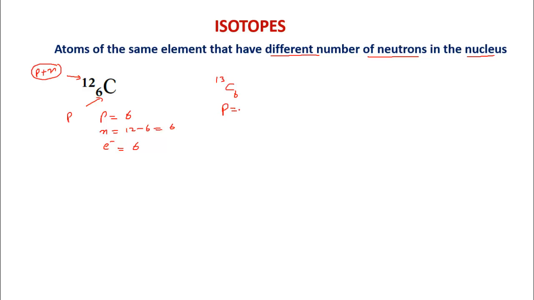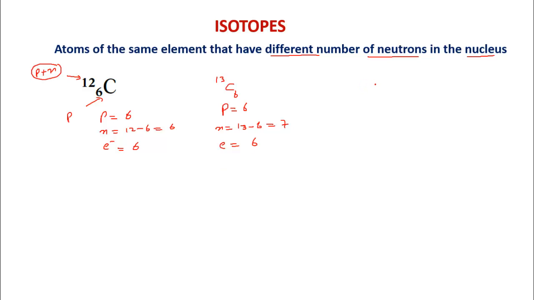Protons again are 6, since the atomic number is 6. The neutron number must be 13 minus 6, which is equal to 7. So carbon 13 has 6 protons, 7 neutrons, and 6 electrons.